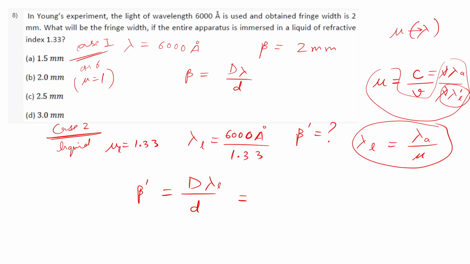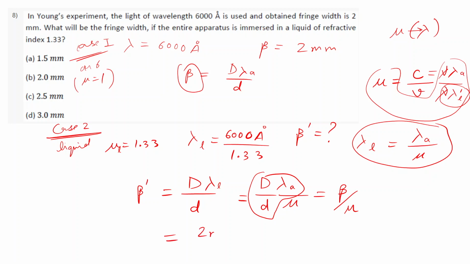So substituting, this lambda L is lambda A divided by mu, and the remaining part is the fringe width in air, divided by the refractive index.